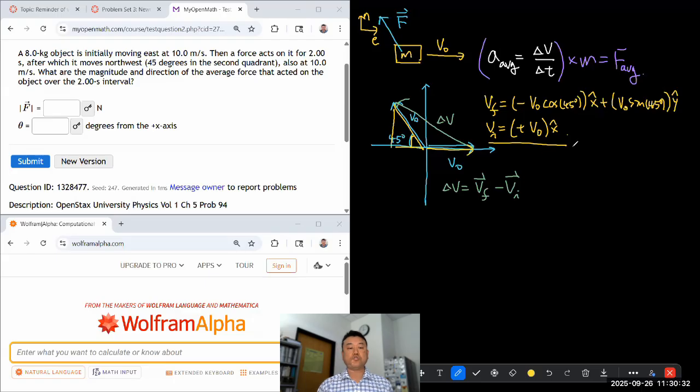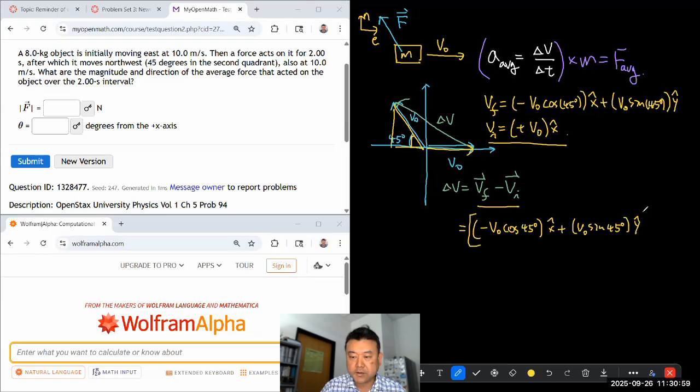With those two component expressions for the velocities, I can write out this difference. That difference is minus v naught cosine of 45 degrees x hat, plus v naught sine 45 degrees y hat, and then minus this v naught x hat. I don't think it matters here, but sometimes you might make a sign error if you don't think of the whole thing as one unit.